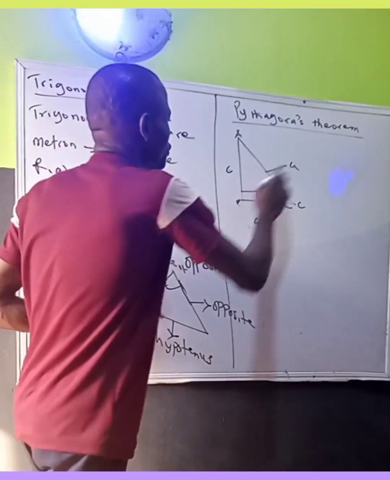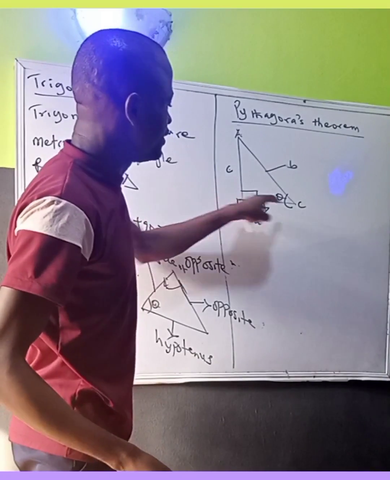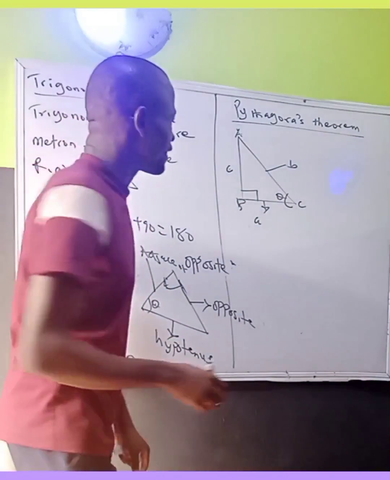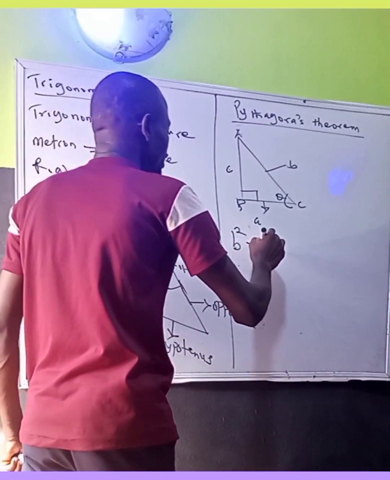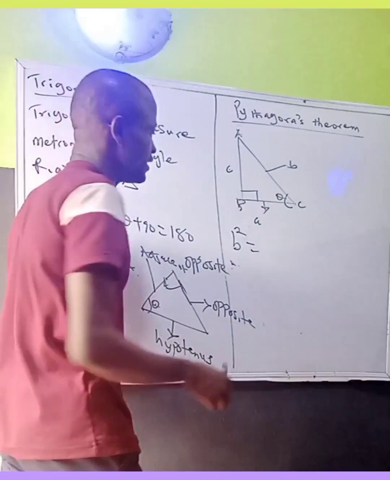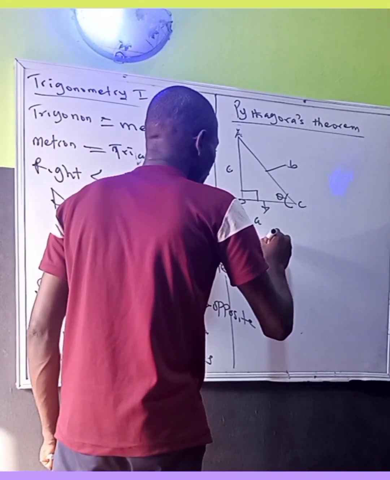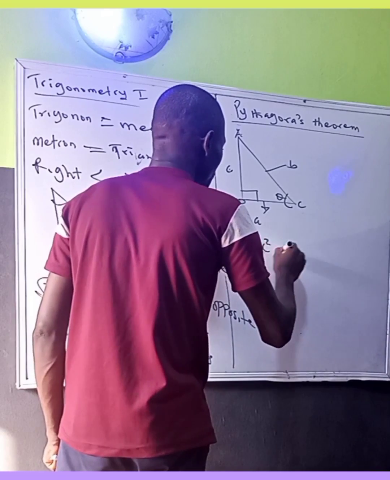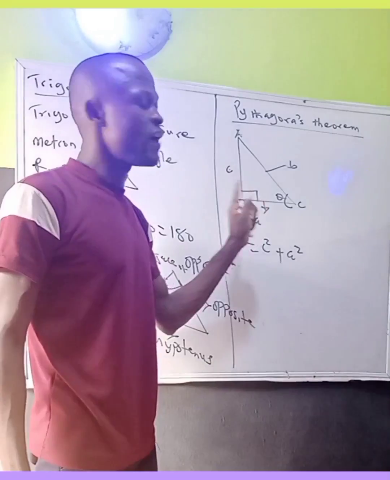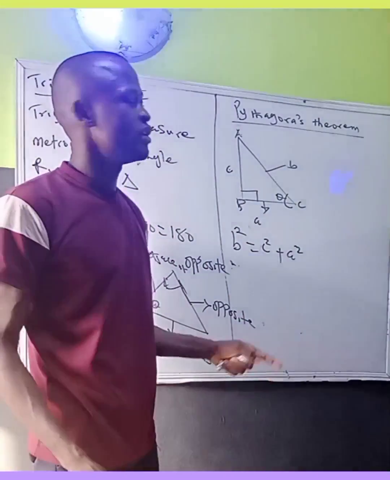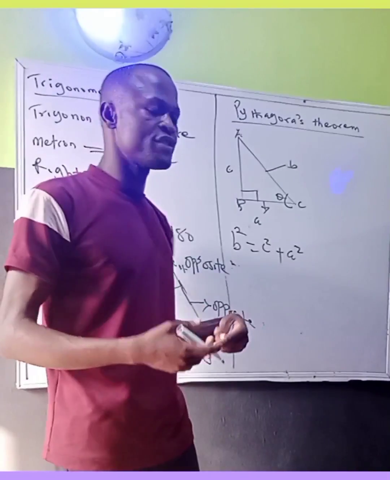This is B, because the triangle is triangle ABC. Pythagoras theorem says that the square of the hypotenuse is equal to the sum of the squares of the other two sides. It's very, very important while you're solving questions on trigonometry.